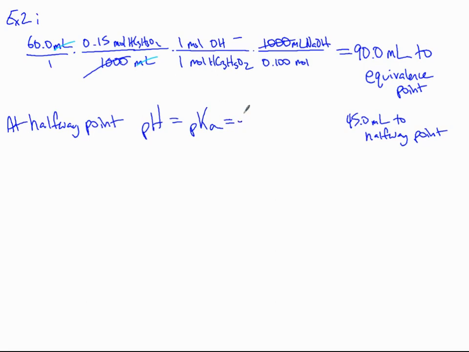P means negative log, and the Ka of this acid was 1.3 times 10 to the minus fifth. And so your pH at the halfway point and your pKa are 4.89.